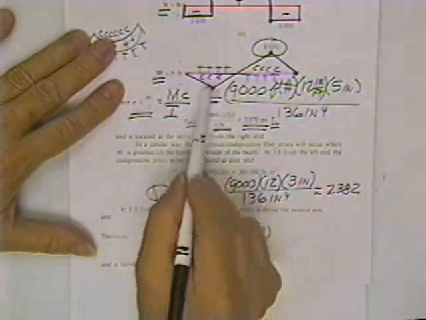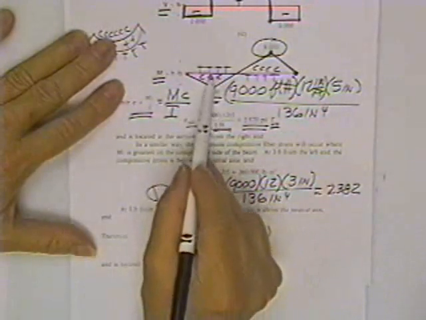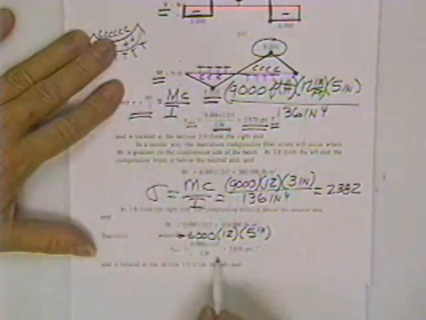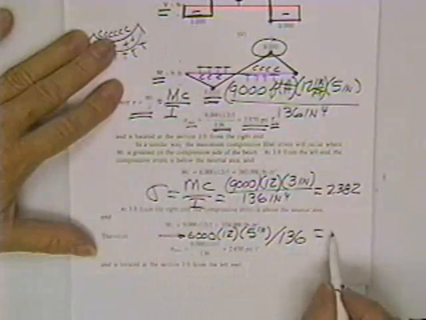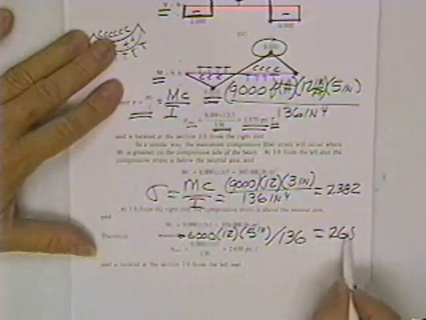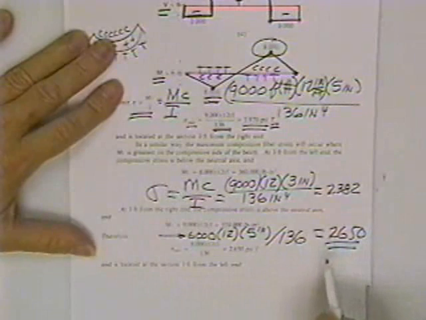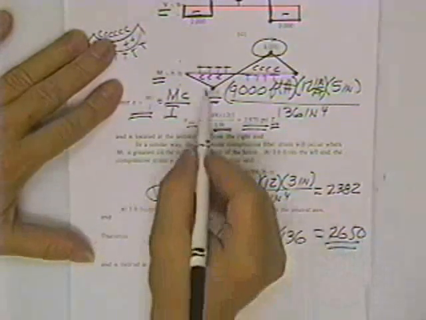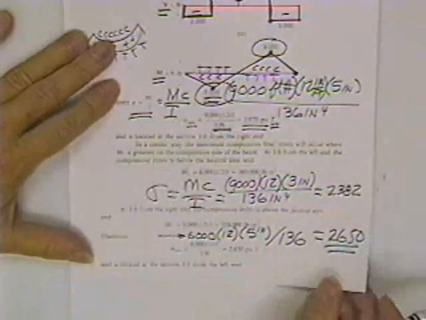The reason being is in this region, the compression fibers are on the bottom, so he gets to go 5 inches from the neutral axis to the bottom fiber, divided by the moment of inertia, 136, and now he gets 2650. And this is the winner for the compressive stress, even though it is at a place that doesn't at first appear likely to have maximum stresses, because we don't have the biggest moment there. Very tricky.